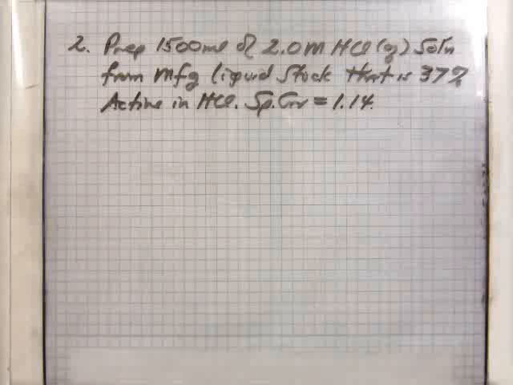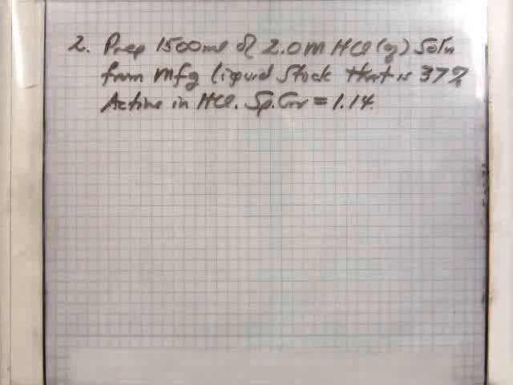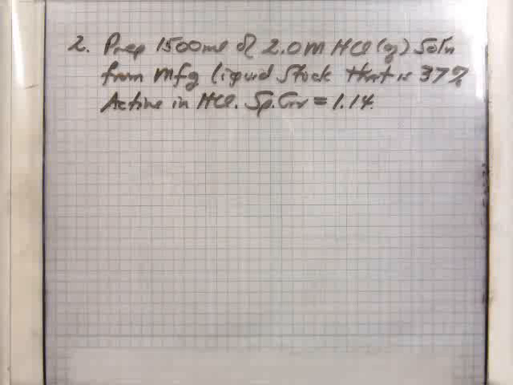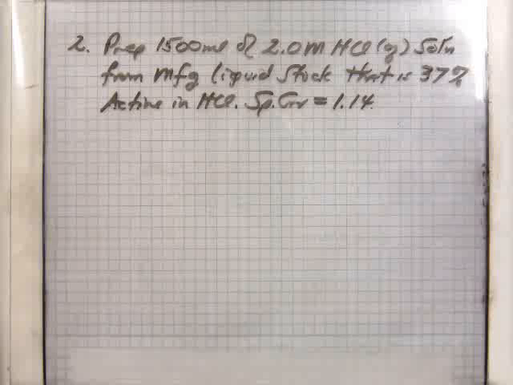Now for number 2 in this set, prep 1500 milliliters of 2 molar HCl solution from a manufactured stock that's 37% active in HCl, and you're given the specific gravity of 1.14. What you need here is what volume of manufactured stock do you need, then dissolve and dilute to the 1500 mils.